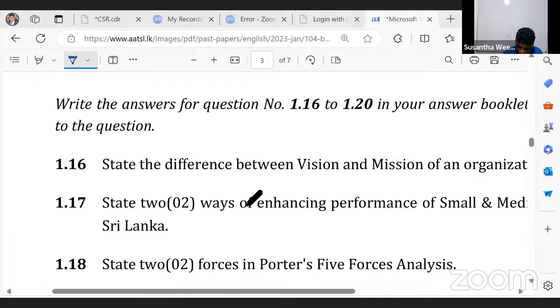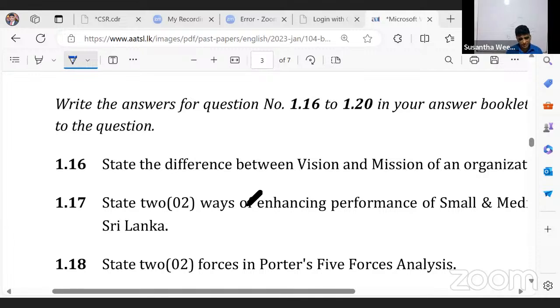The mission statement says how this organization is going to achieve the ultimate objective indicated in the vision statement. The way they are going to achieve this goal, they have to indicate in the mission statement.